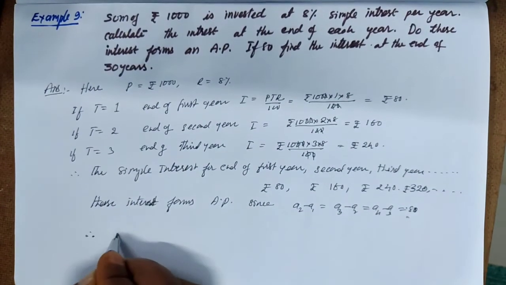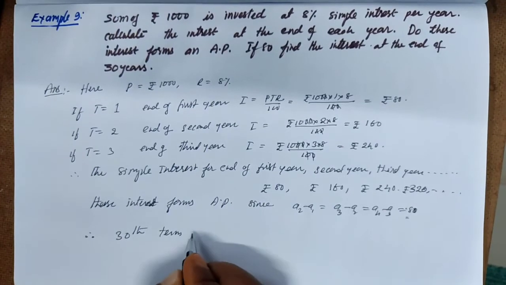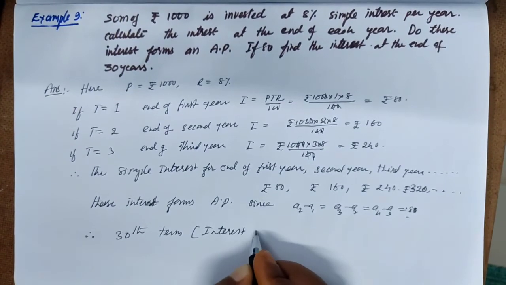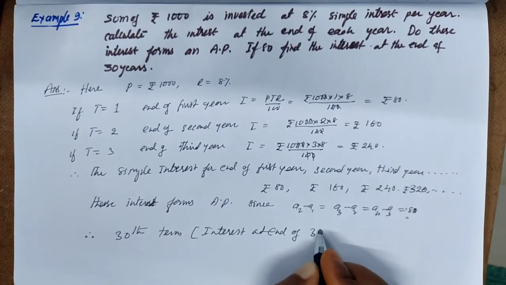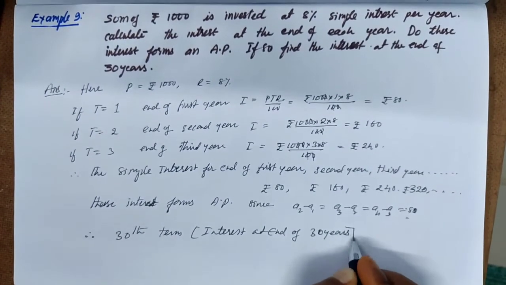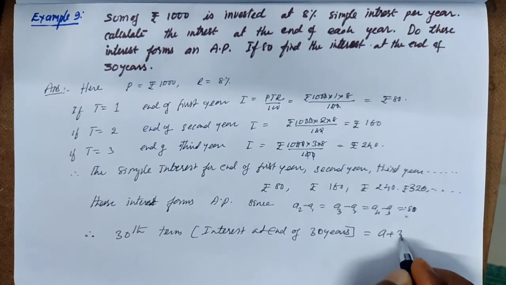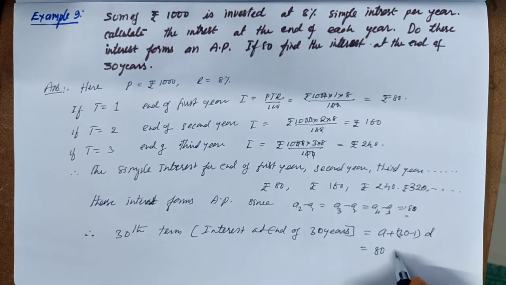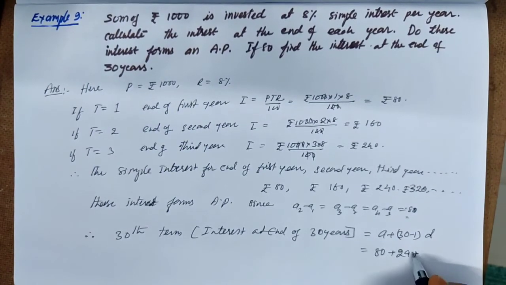So what is the 30th term? The interest at the end of 30 years is equal to a plus 30 minus 1 into d. Here a is 80 and this is 29, and d is also 80.